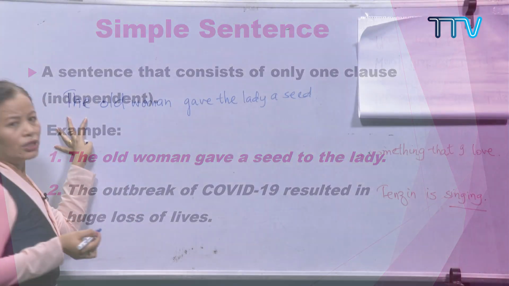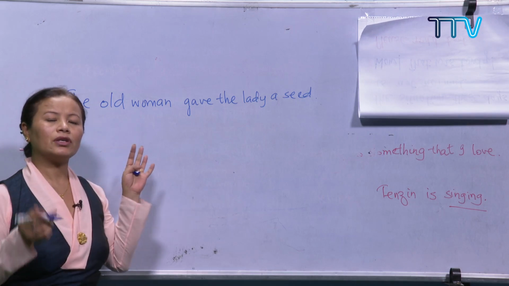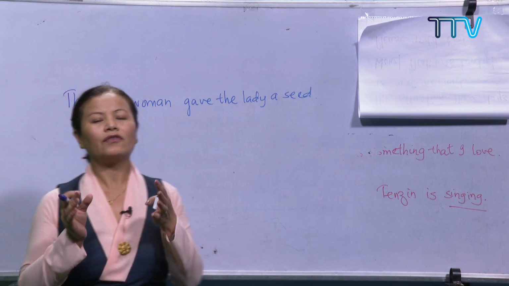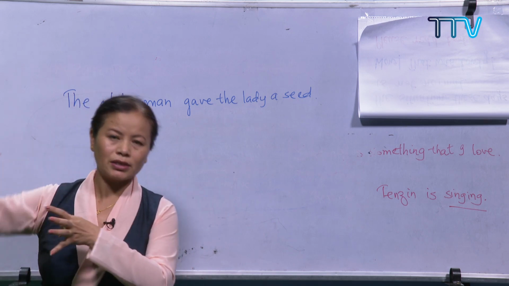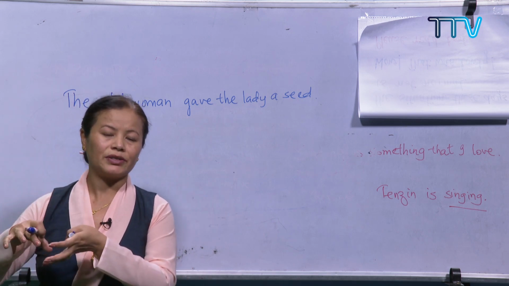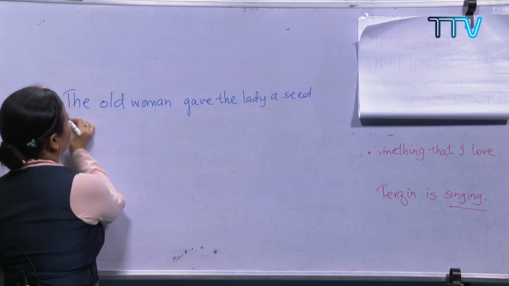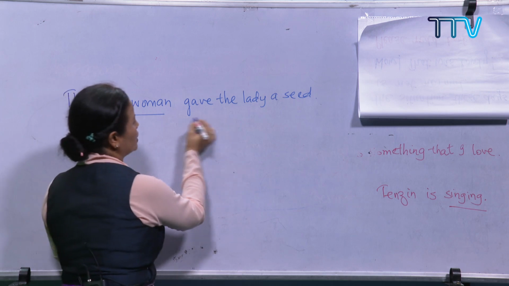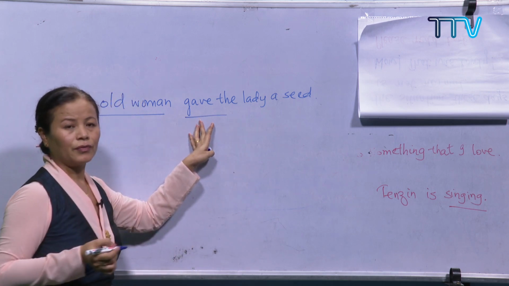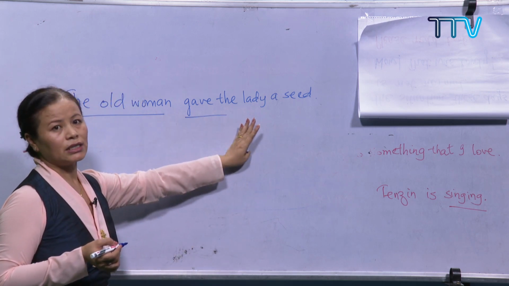What you need to understand is that a sentence consists of a subject and predicate, right? A subject and verb, and the words that modify it, isn't it? So the old woman here is the subject, clear? And gave the lady a seat. This is the verb, gave. The old woman gave the lady a seat.